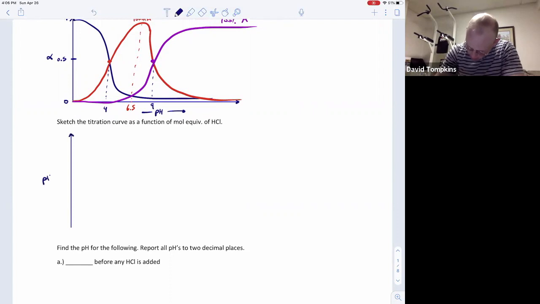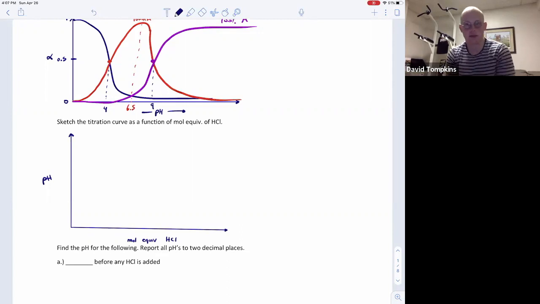Here we have pH on the dependent axis and mole equivalence of titrant, which is HCl on the independent axis. And I'm starting this reaction with the fully deprotonated A2 minus base. So that's going to start at a high pH, something far above 7.